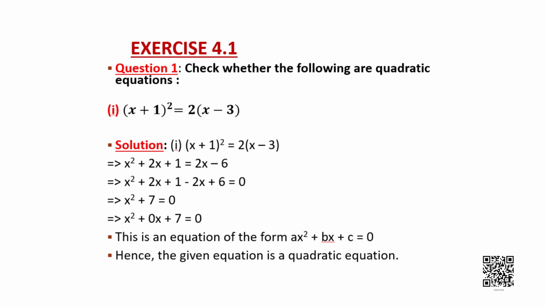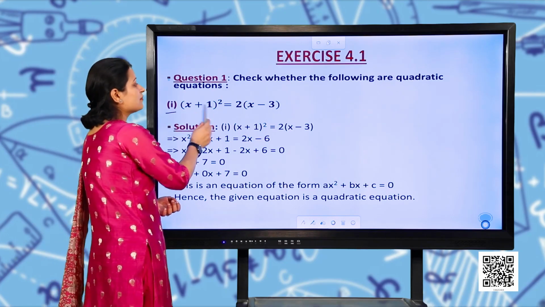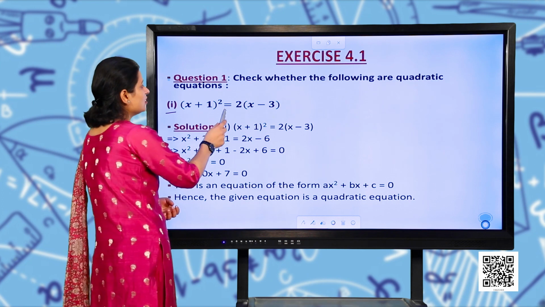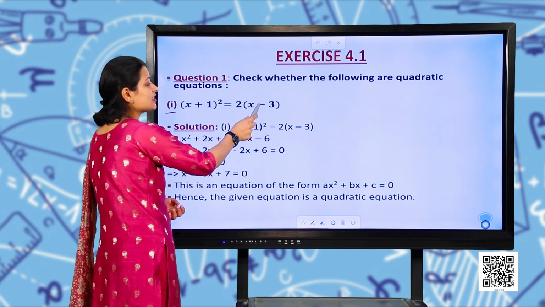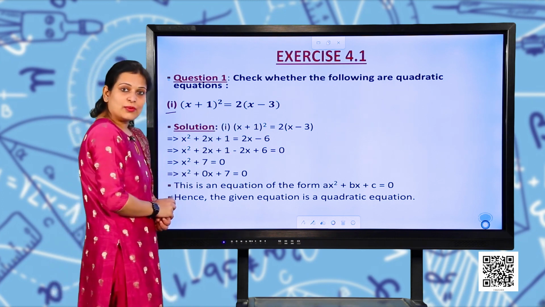Now let us try a few questions of exercise 4.1. Question number 1. Check whether the following are quadratic equations. First part, (x plus 1) whole square is equal to 2 into (x minus 3). So we will consider this equation.